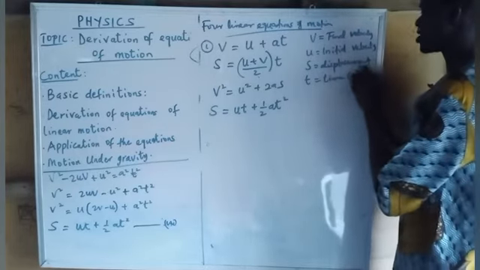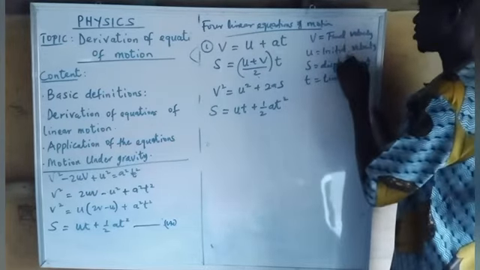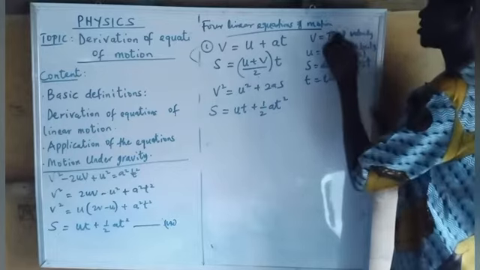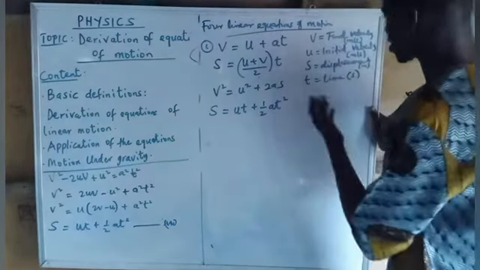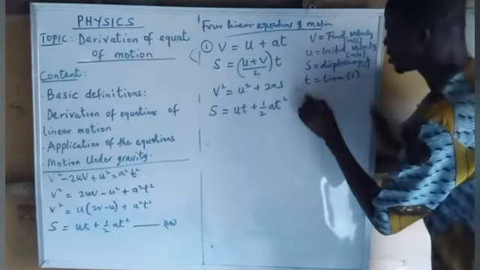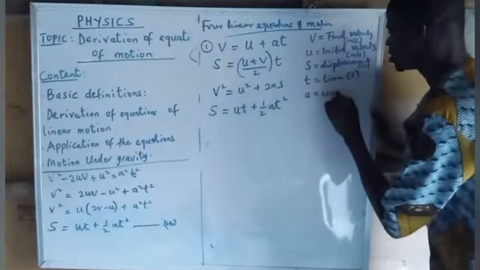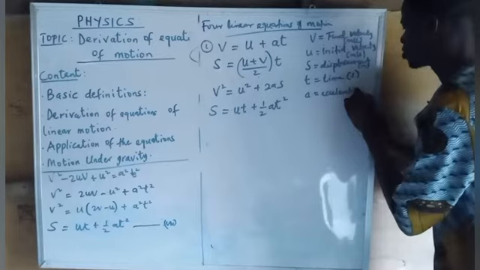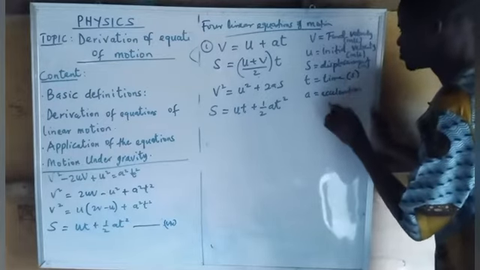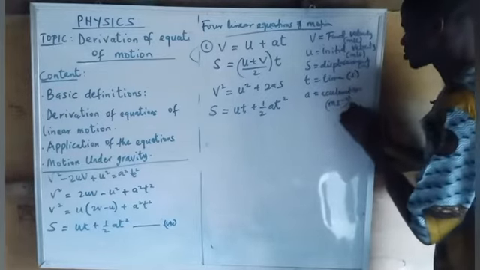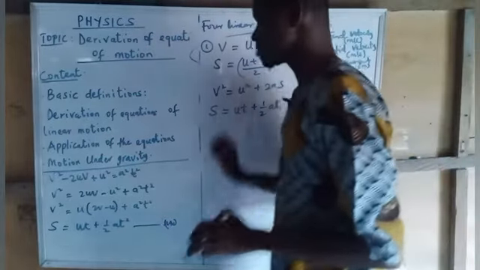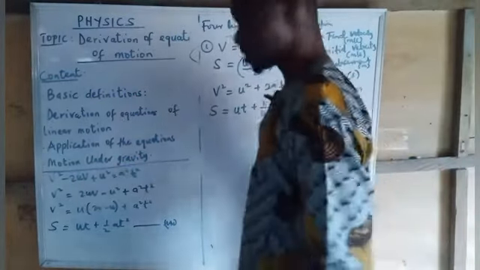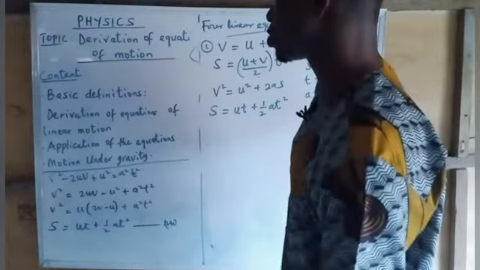Our displacement is in meters, initial velocity in meters per second, final velocity in meters per second. Those are the units. Then our a equals what? The linear acceleration, which has a unit of what? Meters per square second. So these are the 4 basic equations of our linear motion. Let's now look at the application of these equations.